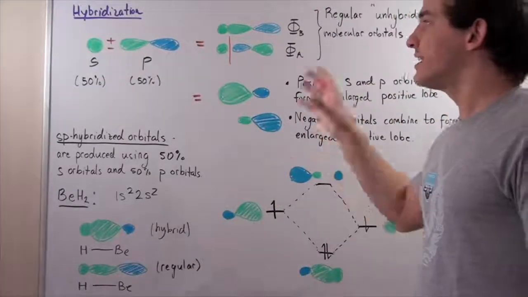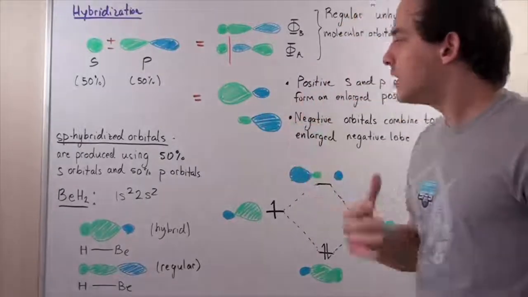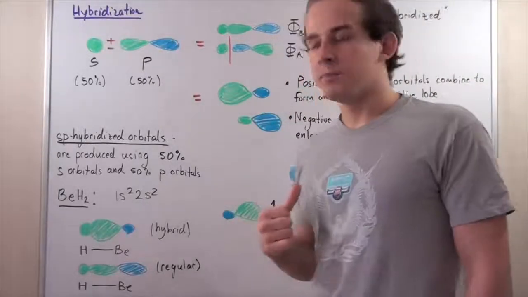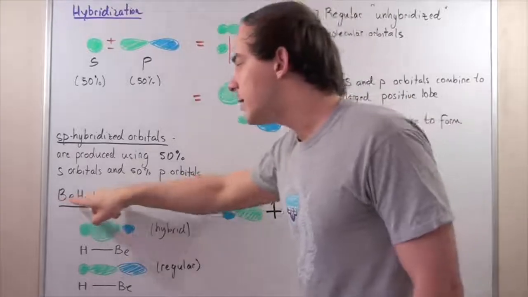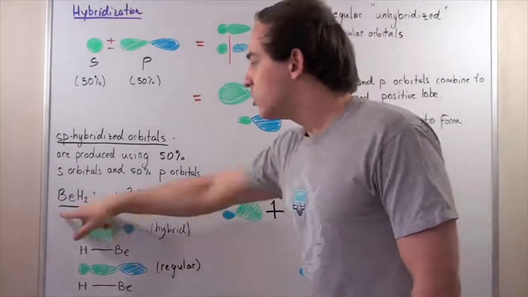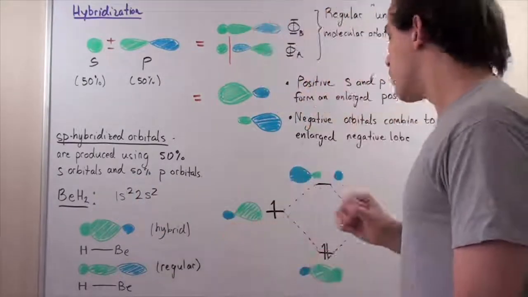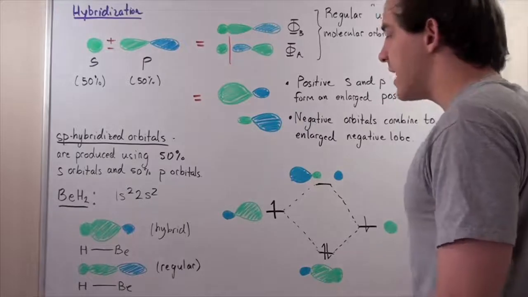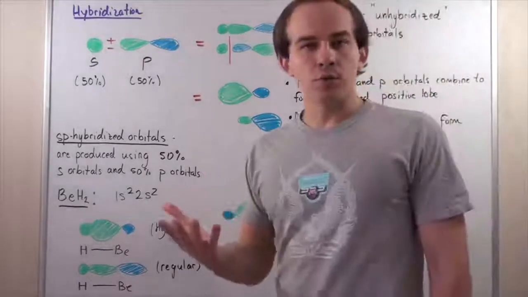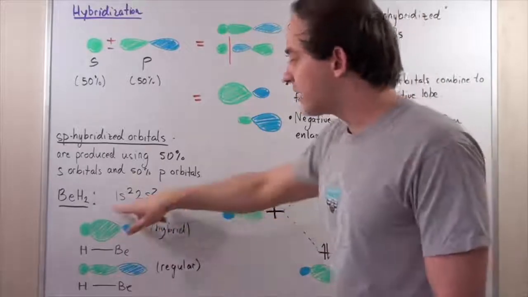So let's look at an example in nature. Where is this evident? Let's look at one particular example in which a beryllium atom combines with 2 H atoms. Let's examine the electron configuration of beryllium. Beryllium in its neutral state has 4 electrons, 4 protons, 4 neutrons. So the electron configuration goes like this.